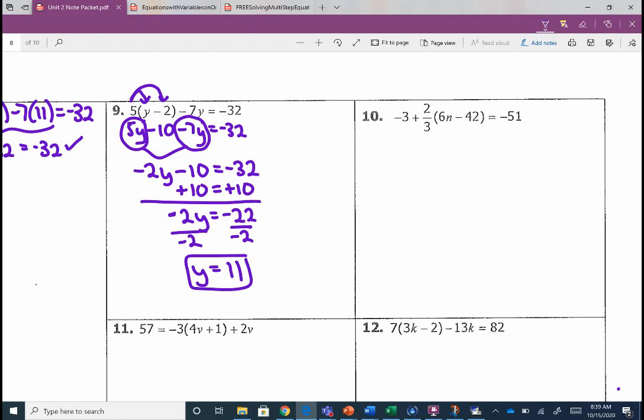The negative 3 just stays. 2/3 I have to distribute. So if you need to on the calculator, 2, ABC key, and then 3 times 6. You should get 4.